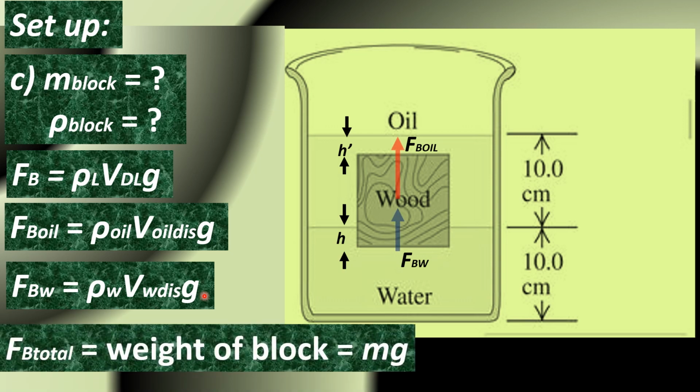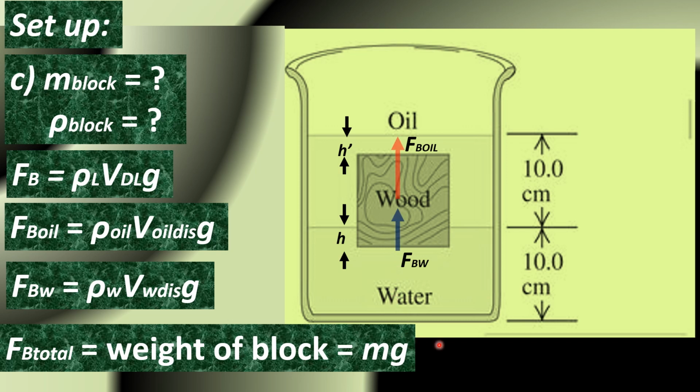Then the combined upthrust or buoyant forces exerted by oil and water is just actually equal to the weight of the block of wood because the block of wood is said to be floating in the oil-water interface, meaning the block of wood is in static equilibrium.